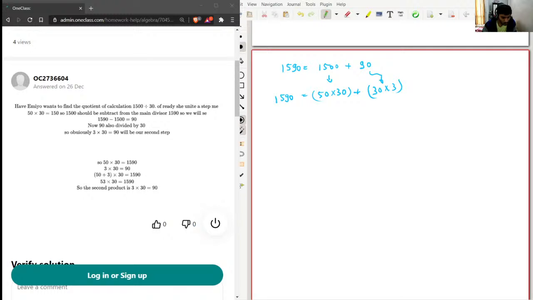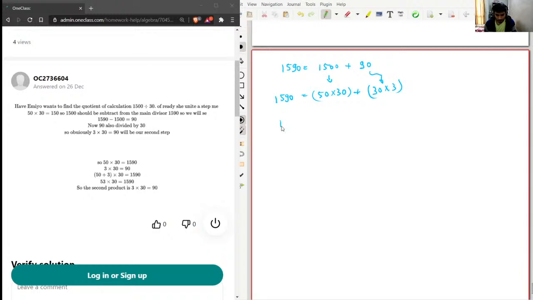So Emio wants to find the quotient of calculation 1590 divided by 30. In her first step, 50 into 30 equal to 1500. So 1500 should be subtracted from the main dividend 1590, oh god, what kind of English is this? So 1590 minus 1500 is 90. Now 90 also divided by 30, so obviously 3 into 30 is 90 will be our second step.